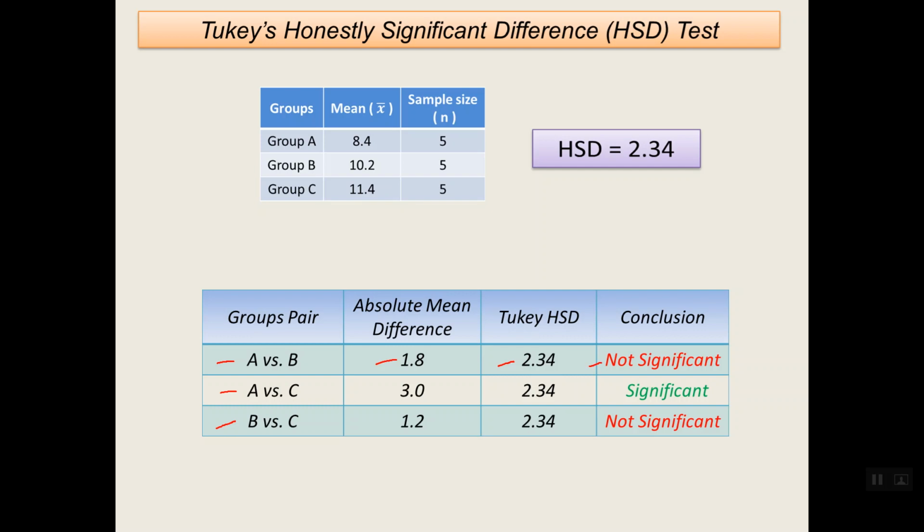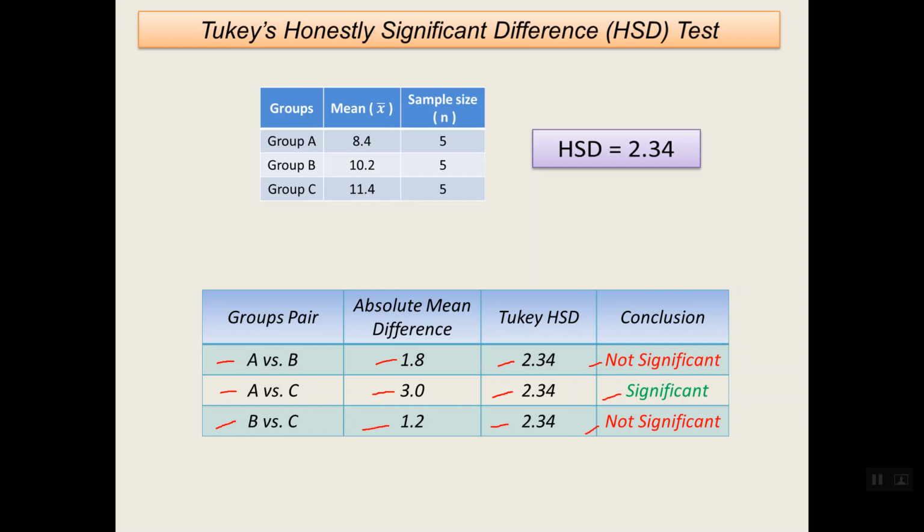Regarding groups A and C, the difference is 3, and 3 is greater than the value of the Tukey HSD, which is equal to 2.34. So we conclude that there is a significant difference between the two means. Regarding the pair B versus C, the absolute difference is 1.2, and 1.2 is less than the value of the Tukey HSD, which is 2.34. So there is no significant difference between these two means.